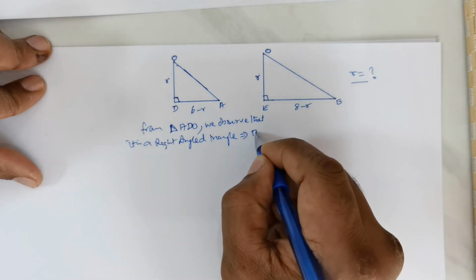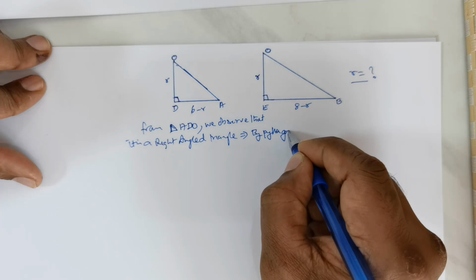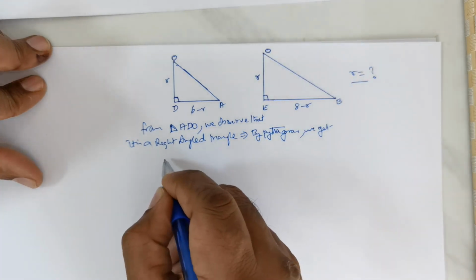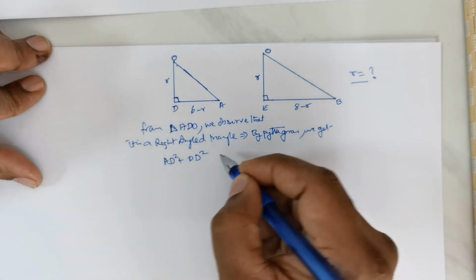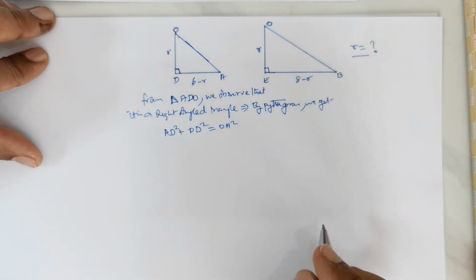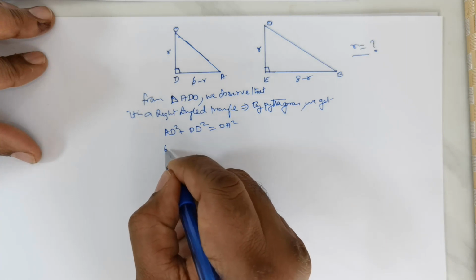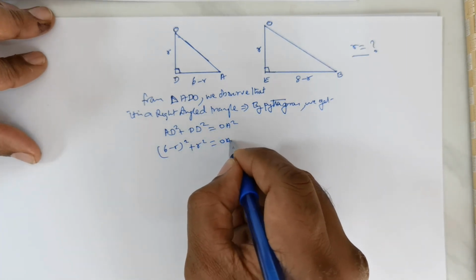So this would mean by Pythagoras, AD squared plus OD squared is equal to OA squared, right? So AD squared is (6 minus R) raised to the power of 2, plus R squared, is equal to OA squared.